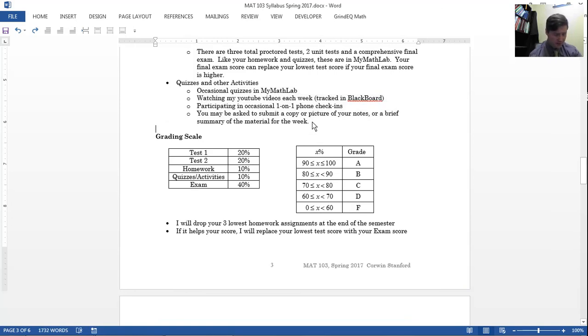So evaluation criteria. It's all listed here, all the details about it. I'll just go down to the little diagram here. We're going to have 2 normal tests at 20% of your grade each. Your final exam is going to be comprehensive, and it's worth twice as much, 40% of your grade.